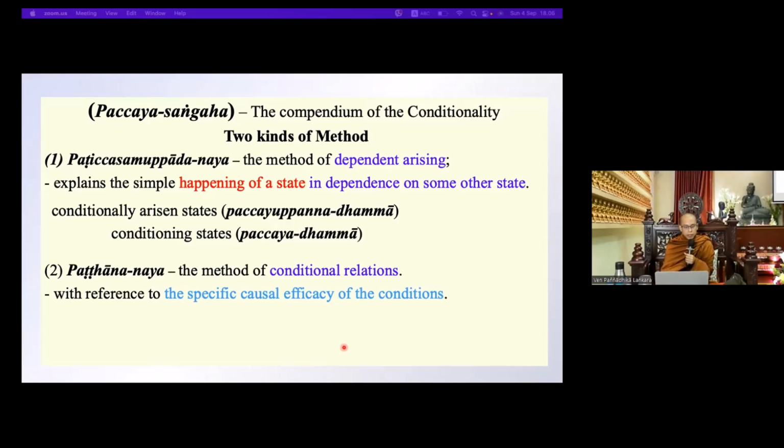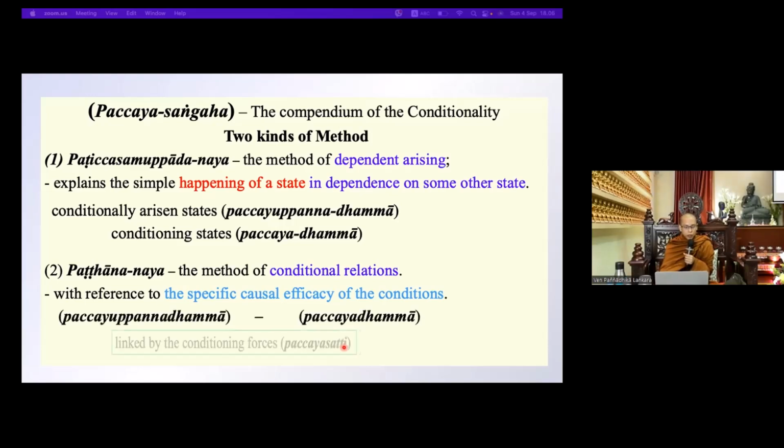In the Patthana, not only these two, Paccayuppanna Dhamma and Paccaya Dhamma, there is extra information about the conditioning forces, Paccaya Sattii.